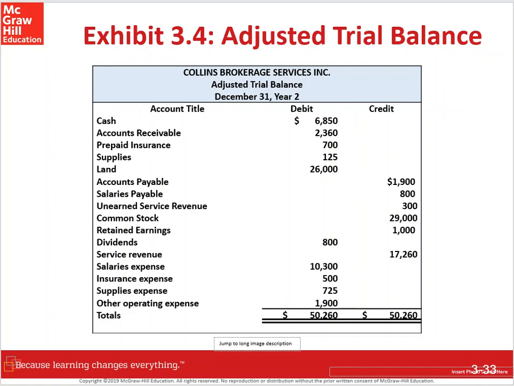So let's say under supplies, I write down 527 instead of 725. What's the difference? $725 minus 527, we've got a difference of 198, which is evenly divisible by 9.